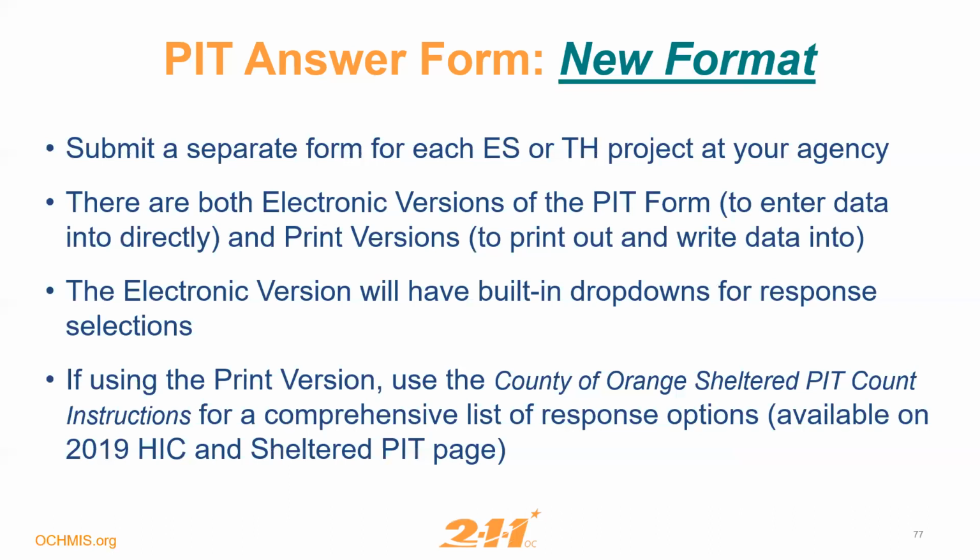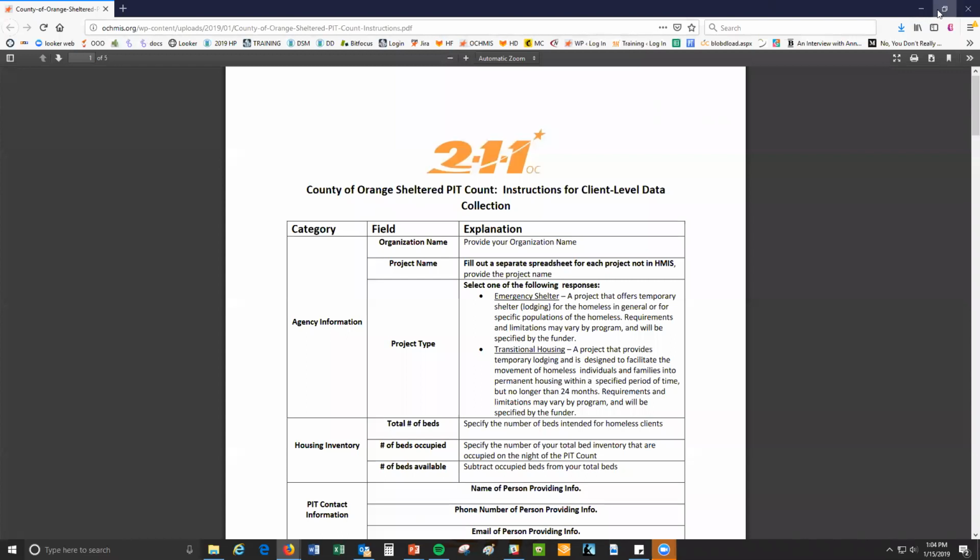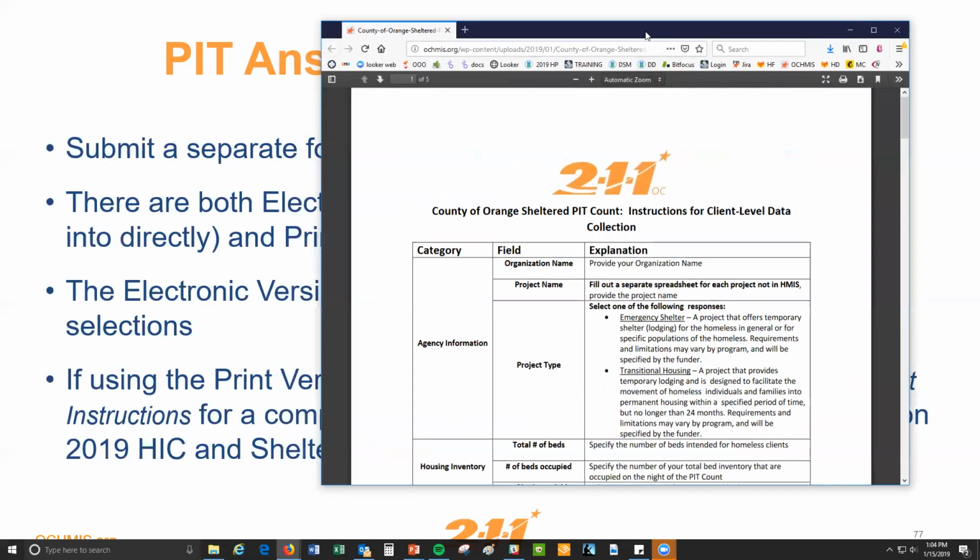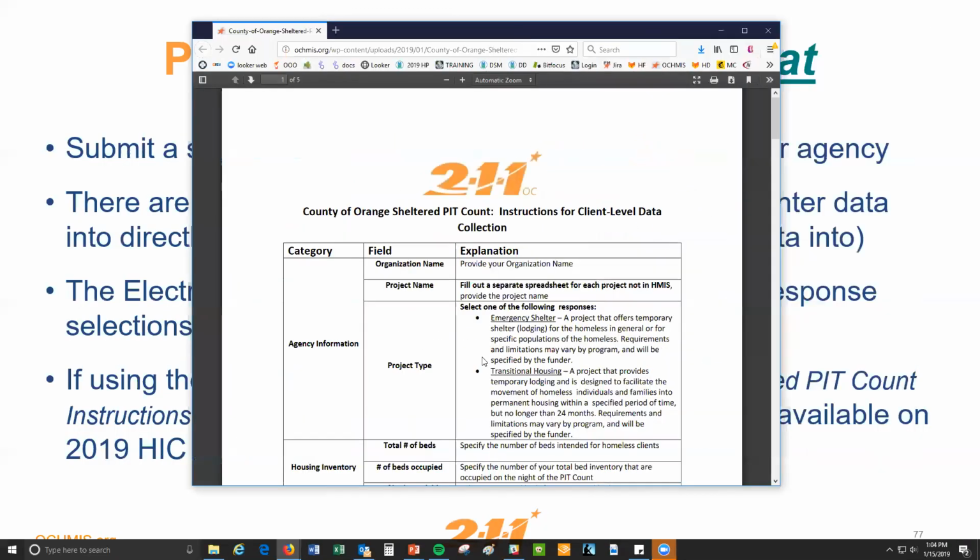And if you're using the print version, you should use the County of Orange Sheltered PIT Count Instructions, which has a comprehensive list of the response options and is available on that 2019 HIC and Sheltered PIT page. So I'm just going to show you what that looks like. Since the print version doesn't have drop-downs, you need this as a guide to let you know what your options are for responses.